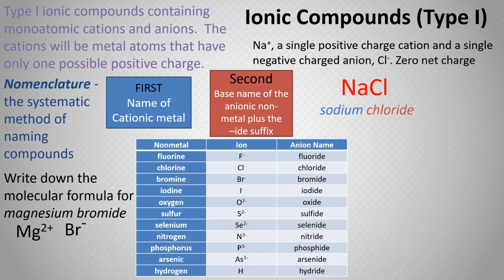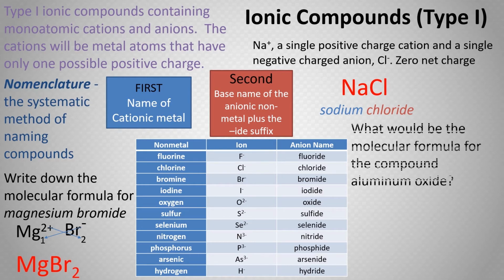Bromide is the anion and will always have a -1 charge. So to make a completely charge neutral compound, we need 2 bromide anions for every single magnesium cation. So the molecular formula must be MgBr2.